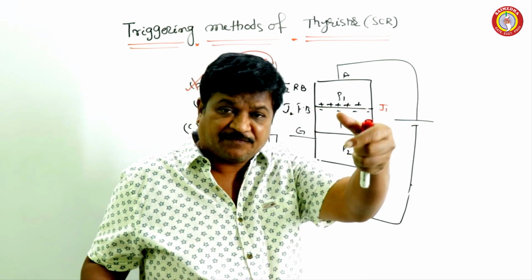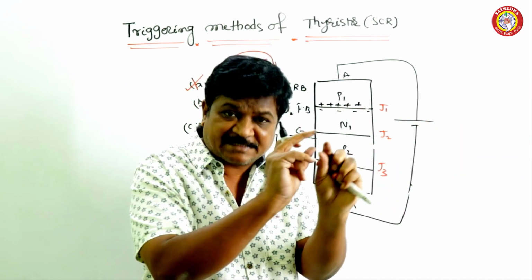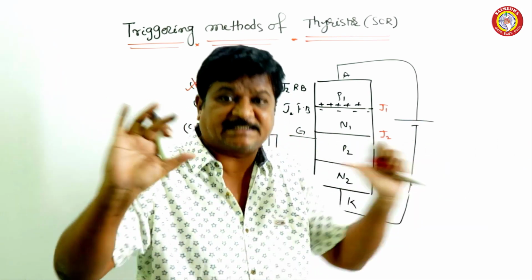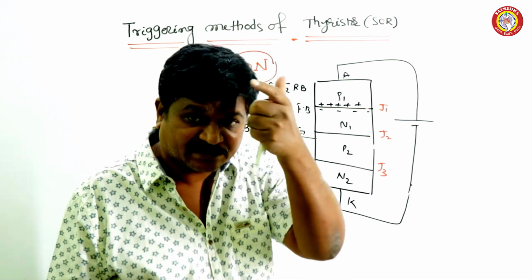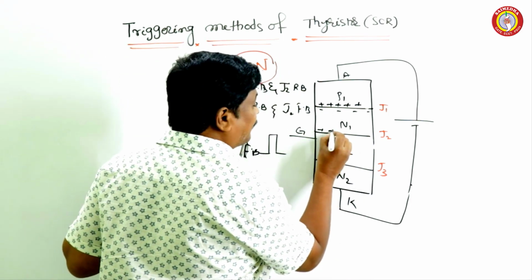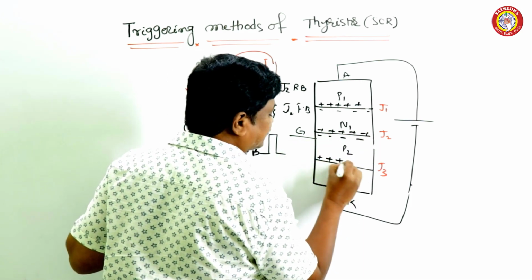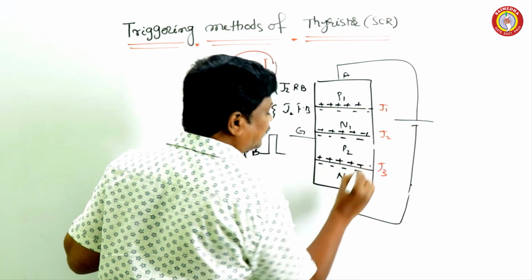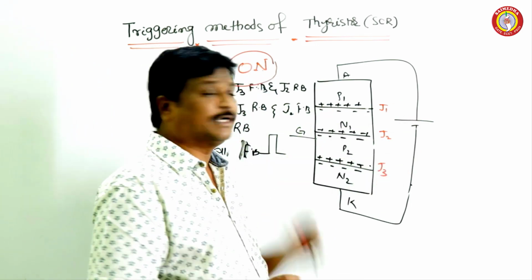If you have not watched that video, go to that video on our Sai Mega channel, where the working operation and static characteristics of SCR are explained, and how the forward and reverse bias work. Now, the upper layer is plus here, this is minus, this is plus, this is minus. Because this is already positive, based on that, the others are negative.